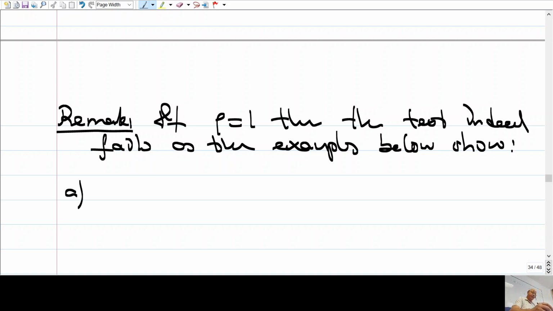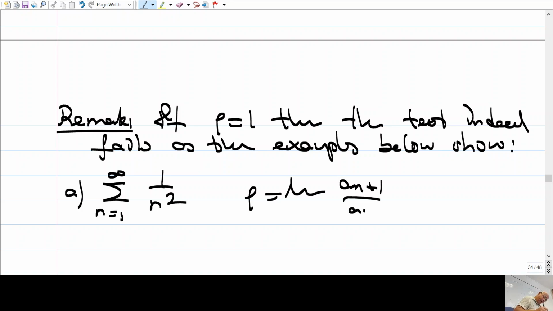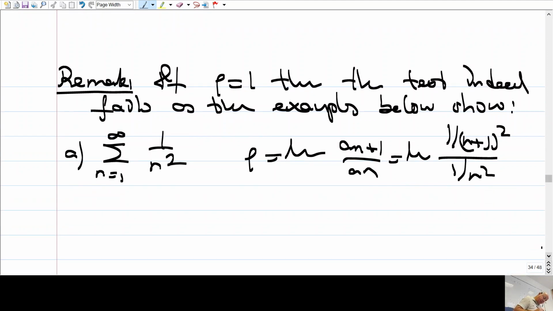Okay, the first one is this. Consider the series 1 over n squared. So what is rho? Rho is the limit of a_{n+1} over a_n. Well, that is just the limit of 1 over (n+1) squared over 1 over n squared.